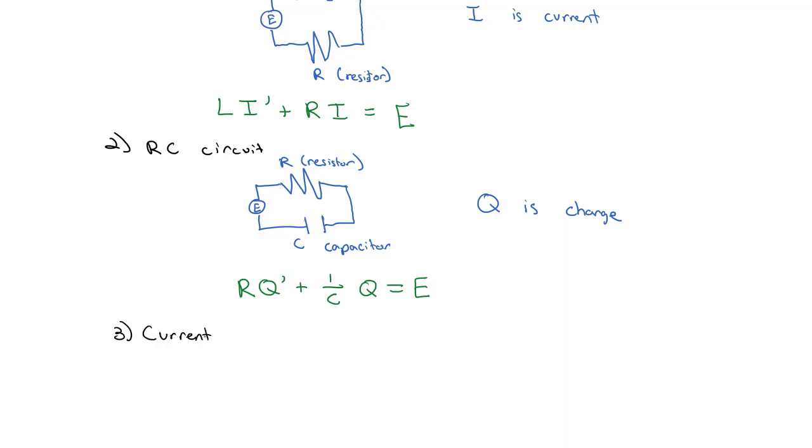Current, I, is the change or derivative of the charge, Q. In other words, Q prime is equal to I. Q, the change in the charge with respect to time, is equal to the current that's moving through the system. So these two equations are closely related, and when we do higher order differential equations, we're going to bring them together into one. But for now, let's do one example using current.